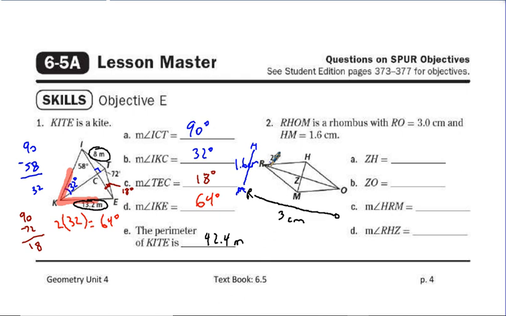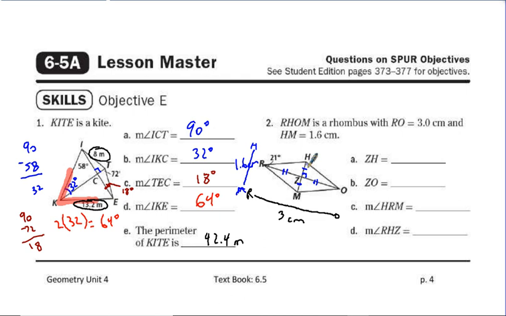Let's figure out some pieces. Okay, ZH. Well, we need to remember that in this rhombus, each of the diagonals are perpendicular bisectors of each other.